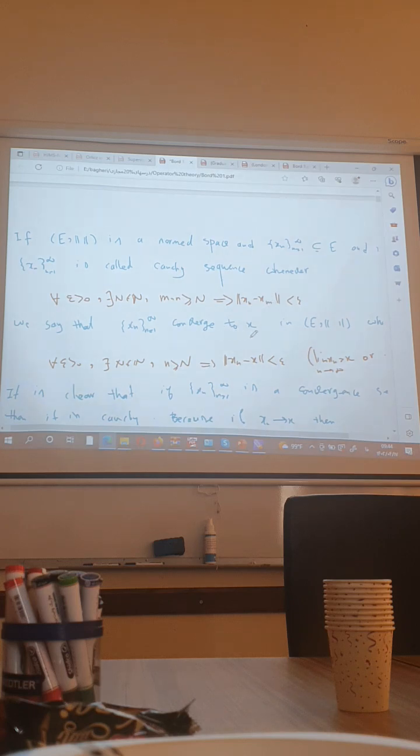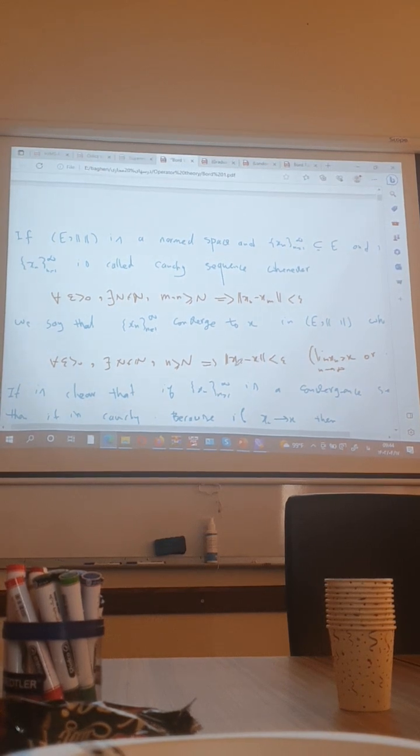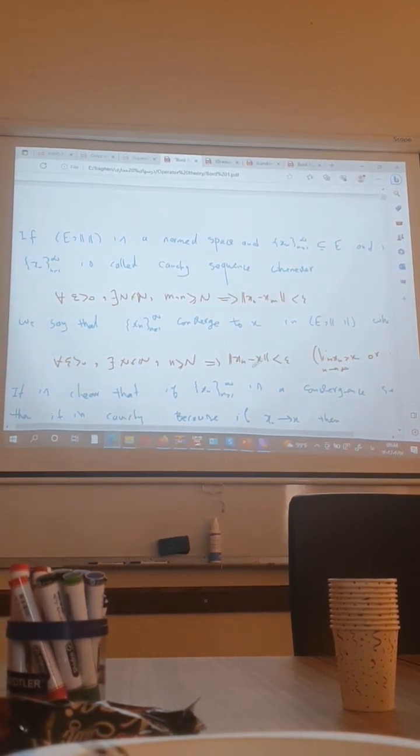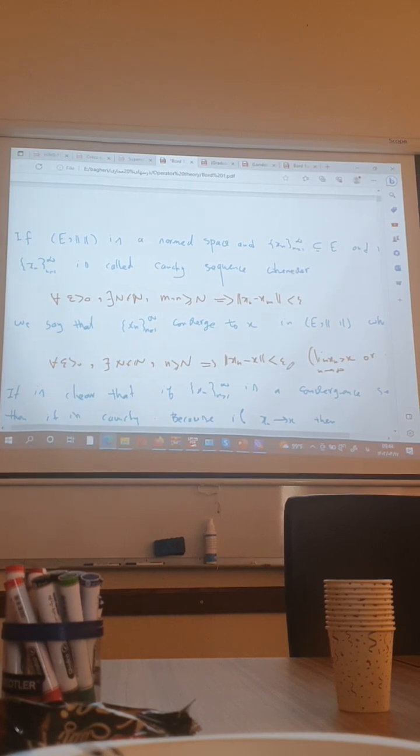In convergence to x, xn minus x must be less than epsilon. It is very trivial. Please note that these real numbers can be smaller and smaller, okay? The distance of xn and x can be smaller and smaller. Whenever n is bigger and bigger, if we consider n sufficiently large, then this norm is sufficiently small.